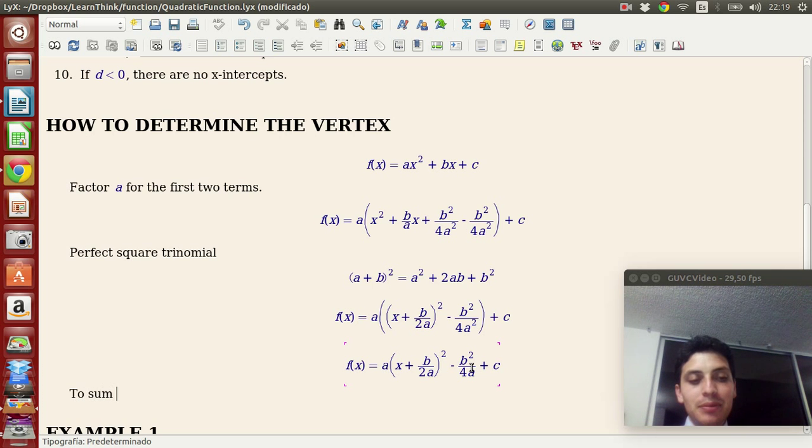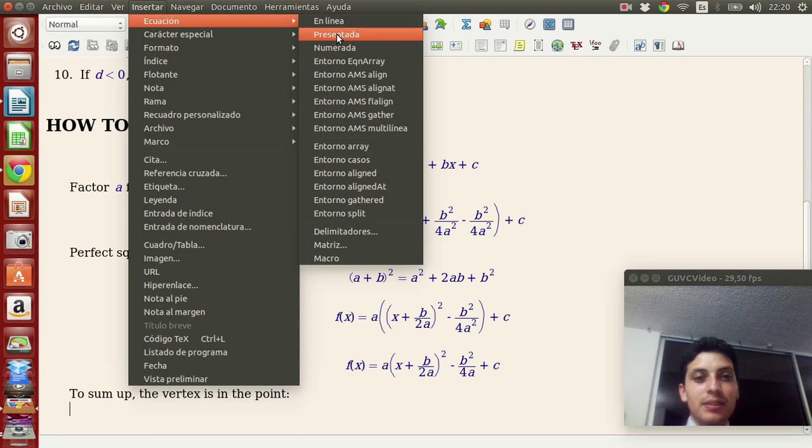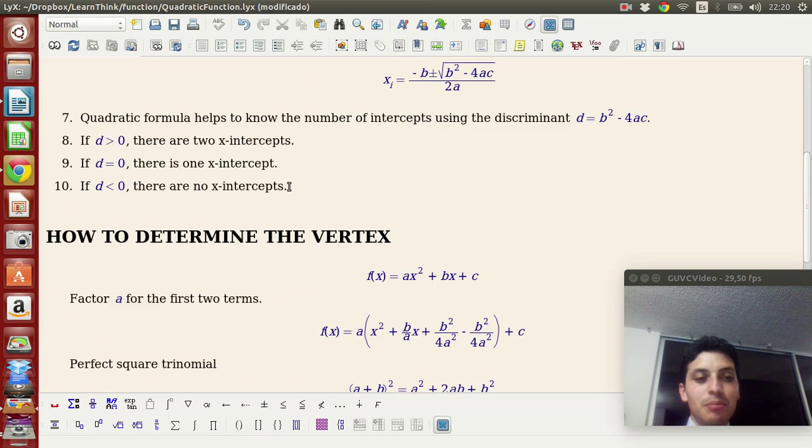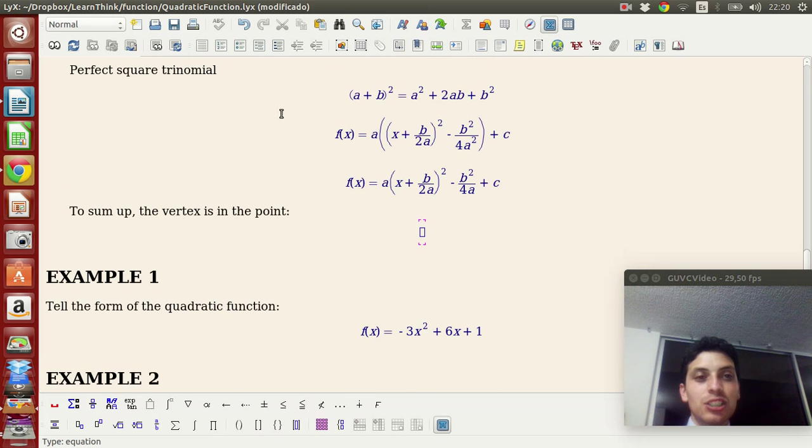So to sum up, the vertex is at the point h, and the function evaluated at h.